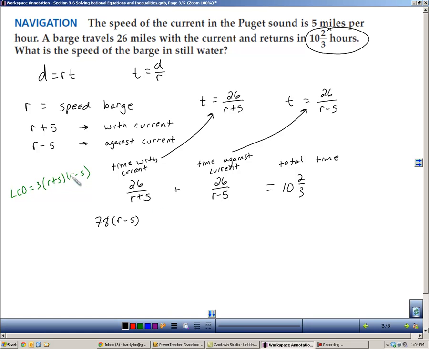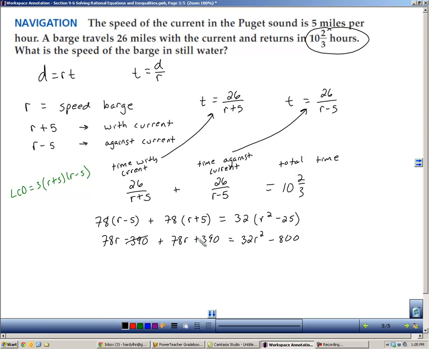Here the r minus 5s will cancel, giving me 78 again. 26 times 3 times r plus 5, which is left. Here I'm going to turn this fraction into 32 thirds, make it improper. Then the 3's will cancel, so I'm left with 32 times (r plus 5)(r minus 5), which is really r squared minus 25. Now I'm going to distribute everything.